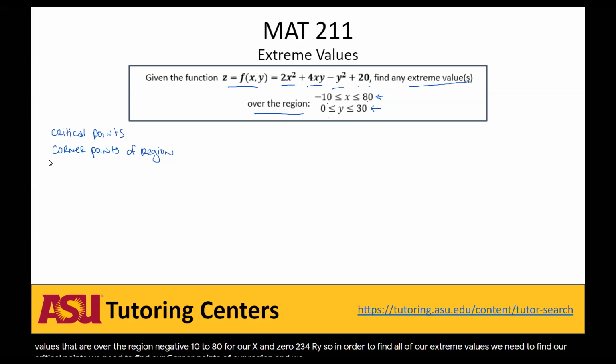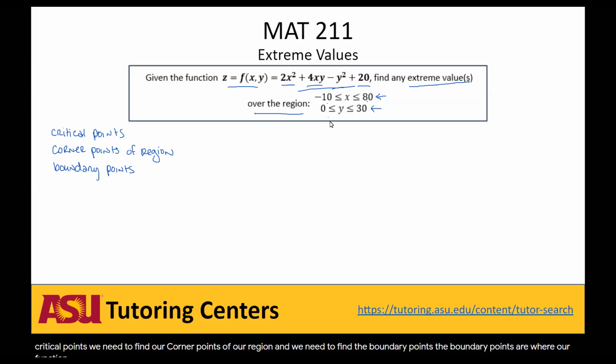And we need to find the boundary points. And the boundary points are where our function lies at the edges of this region. So let's start by finding our critical points.